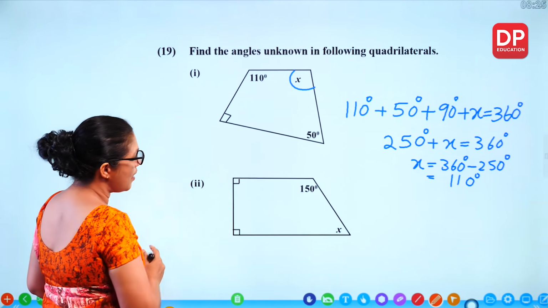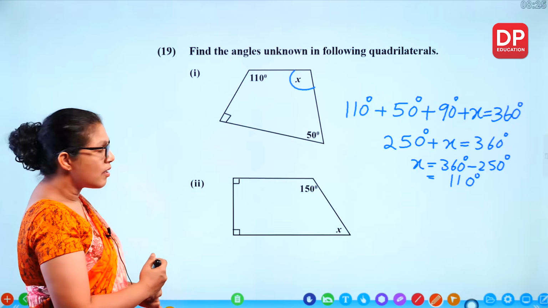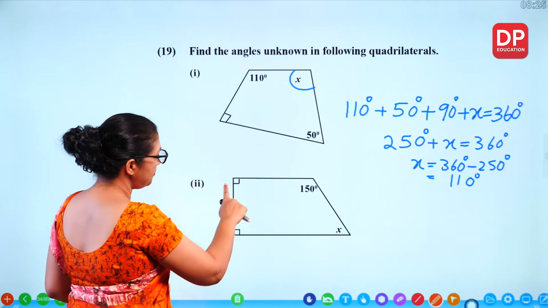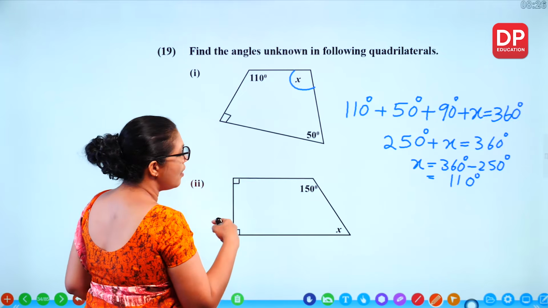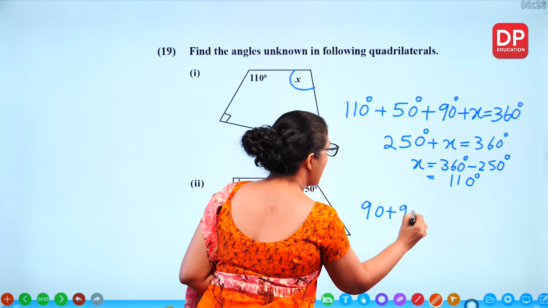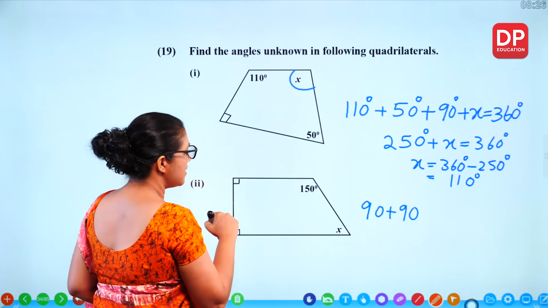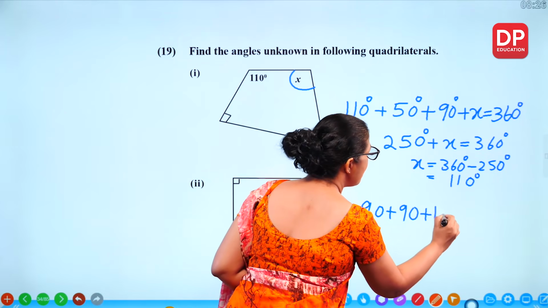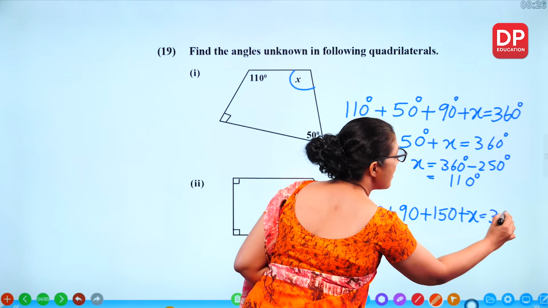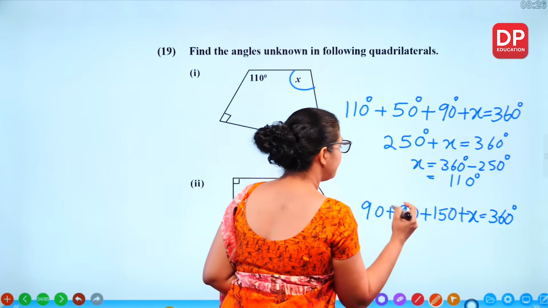Now look at this one. This is also a quadrilateral. That's like a trapezium. Now add all the angles. So you get 90 plus 90. These two are 90 degrees. And 150 and x. That's equal to 360.